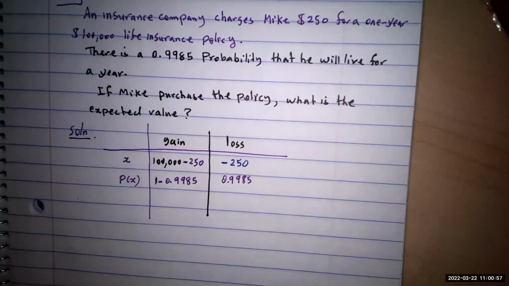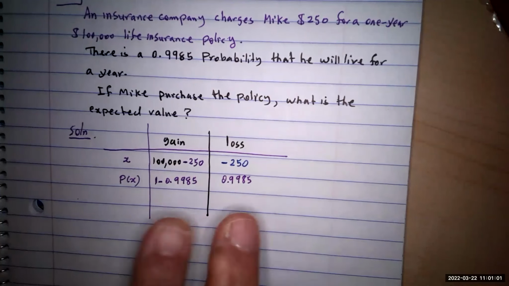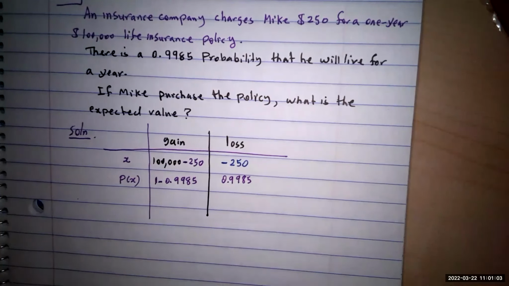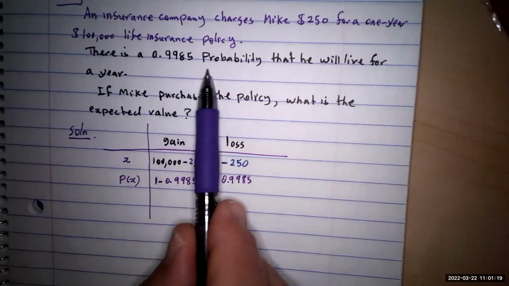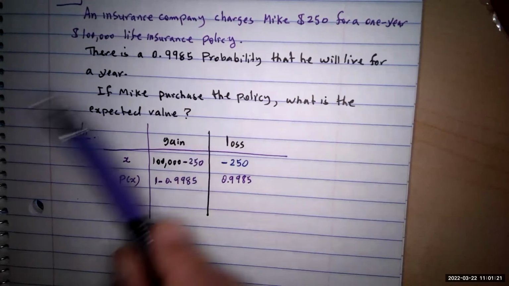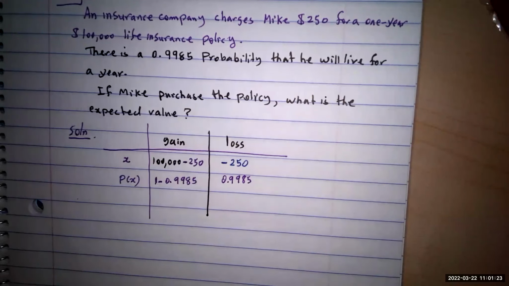As I told you, in your book sometimes they ask you to set up the table from the company point of view. This is from my point of view. If it's from the company point of view, you switch these two. Okay, any question? So he will gain the money if he's not going to be alive anymore. The probability that he's going to live through that year is almost 100%, which is 0.9985.